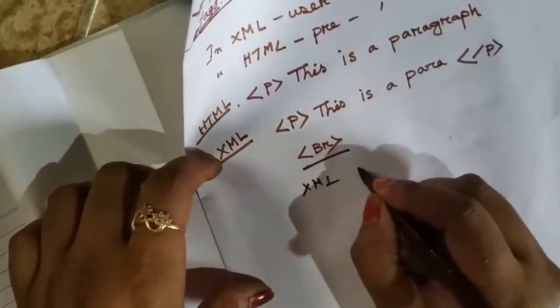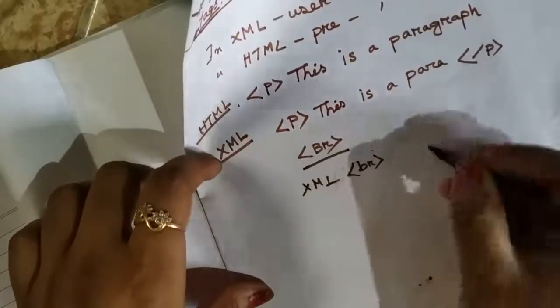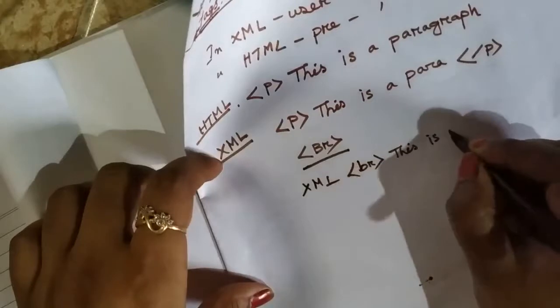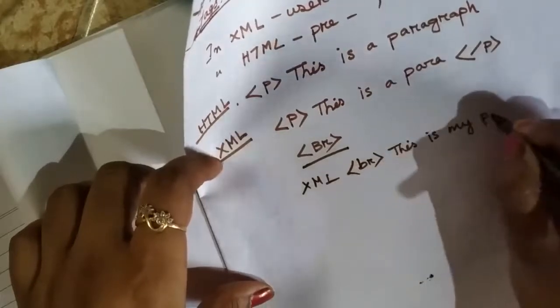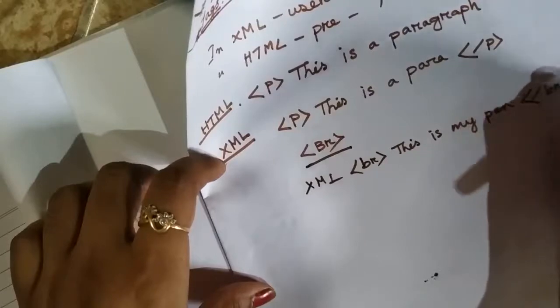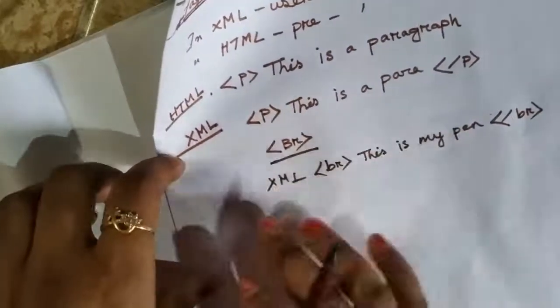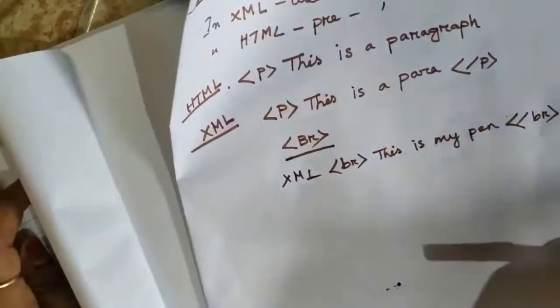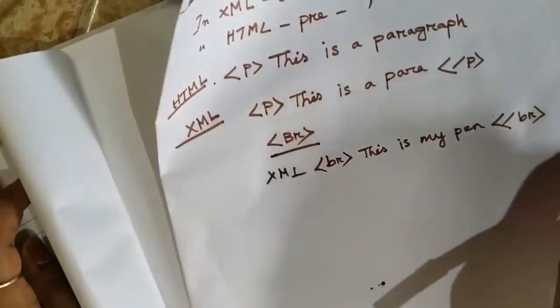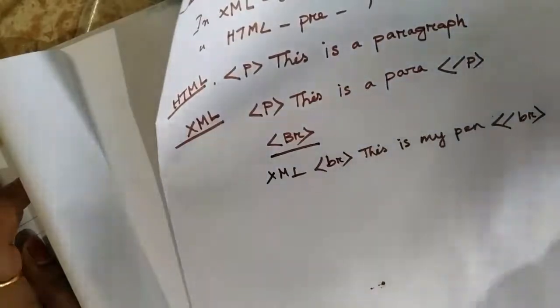Suppose BR, this is my line, and now you have to close it with the BR closing tag. These are a few examples of differences between XML and HTML.